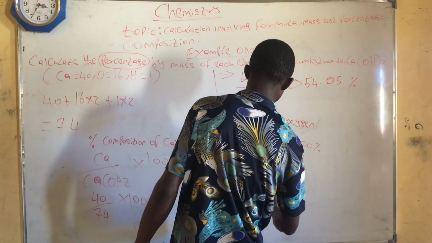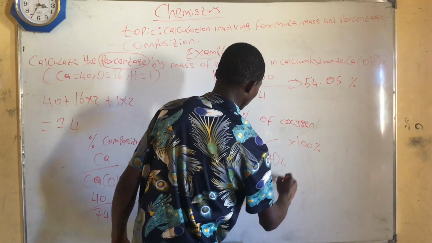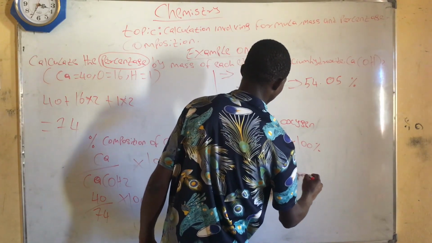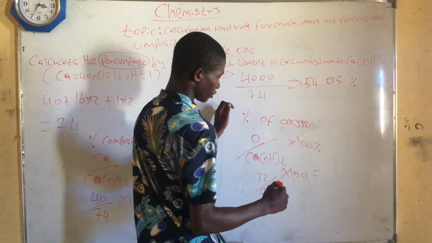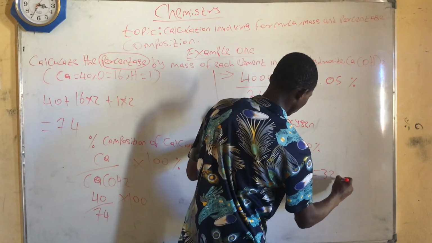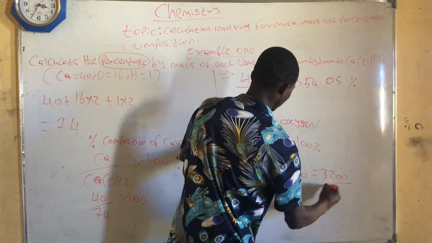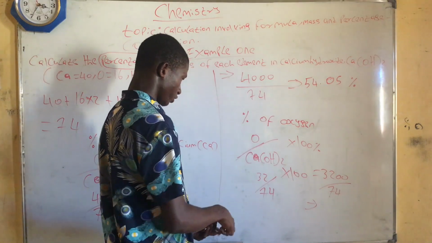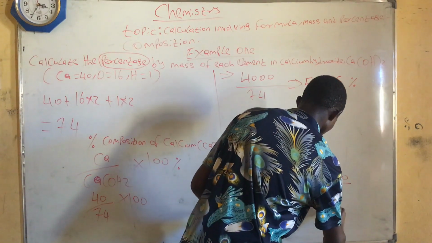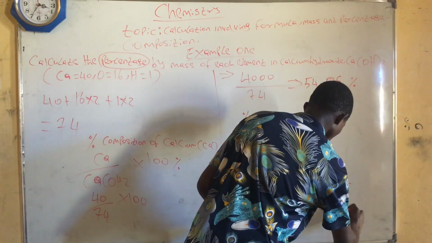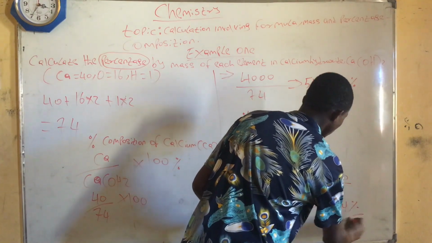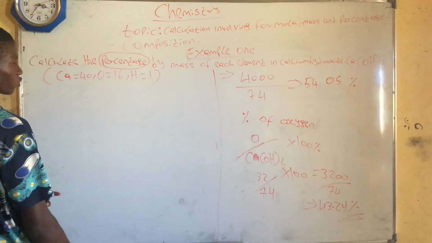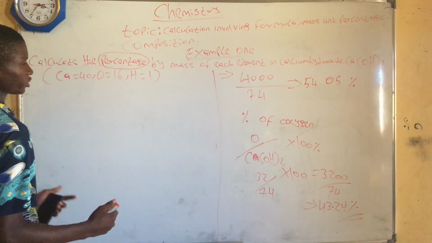So 32 over 74 times 100, which is 3,200 divided by 74, gives 43.24%.